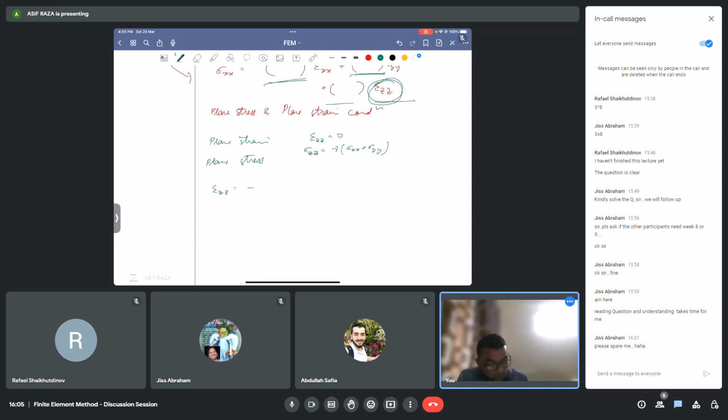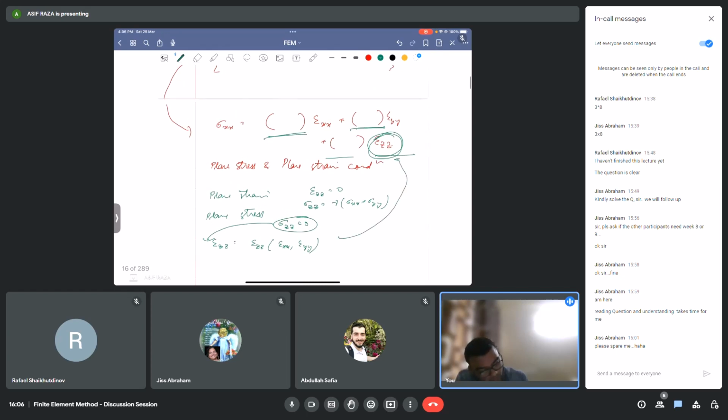In plane stress, sigma zz is 0, so we have an additional equation for epsilon zz in terms of epsilon xx and epsilon yy. Again it gets simplified, and the dependency of these coefficients will be different.